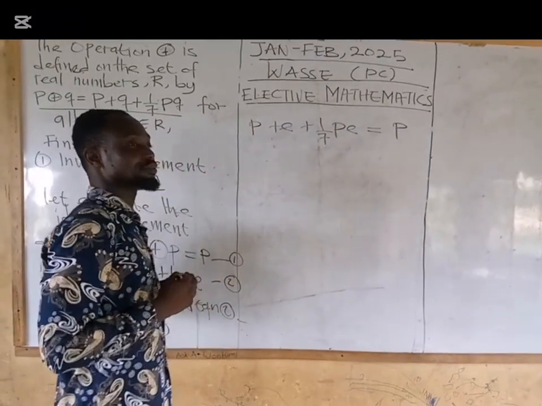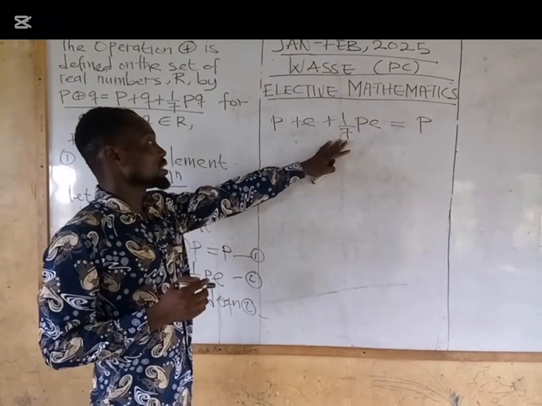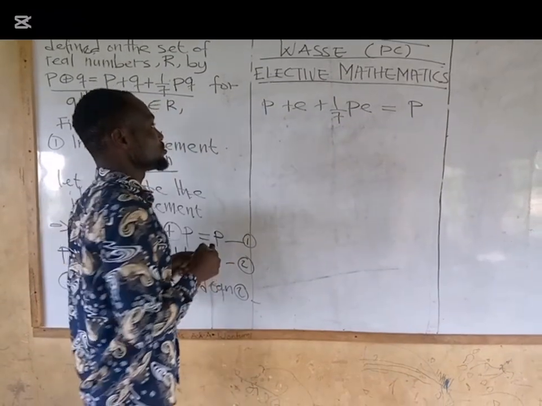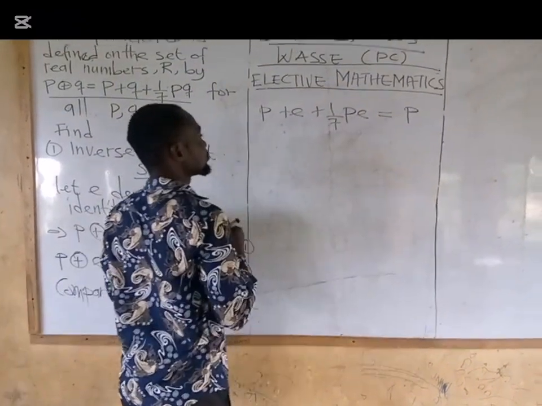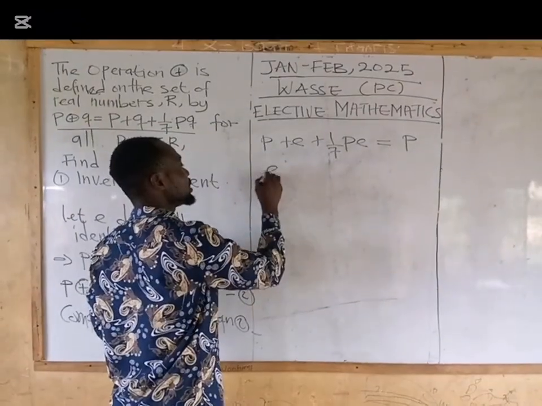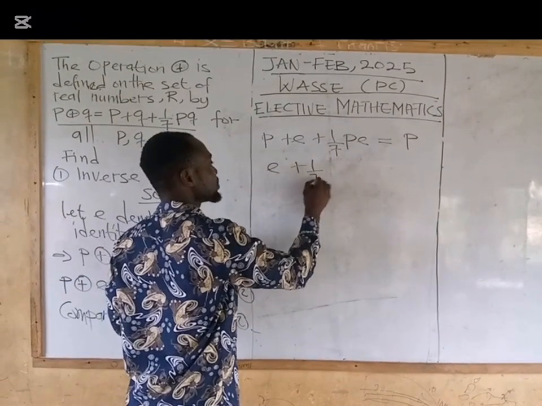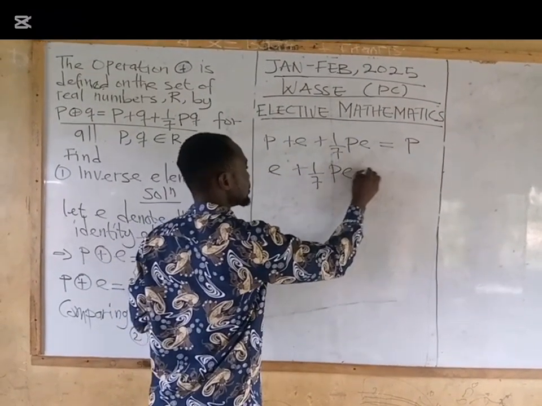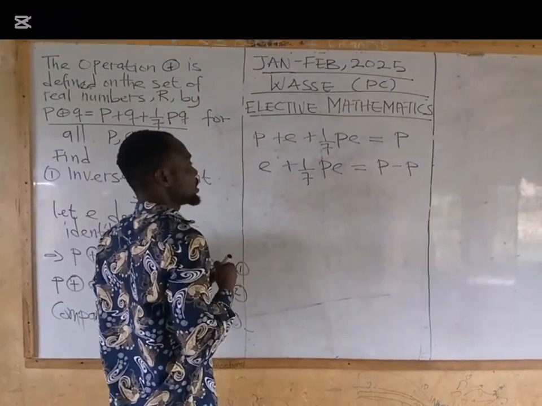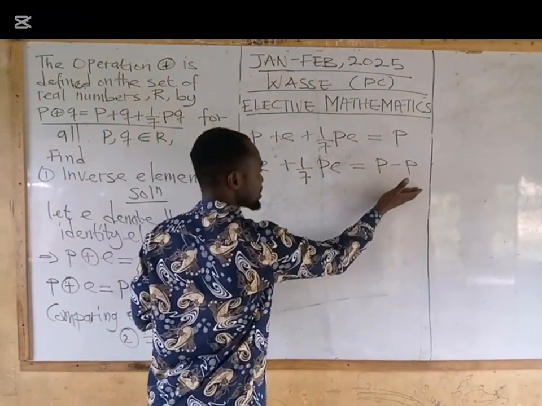So we have to find the identity element. That is, we are going to make E the subject. So let's do like terms by sending P to the other side. We have E plus 1 over 7 PE equal to P minus P. Then P minus P gives 0.